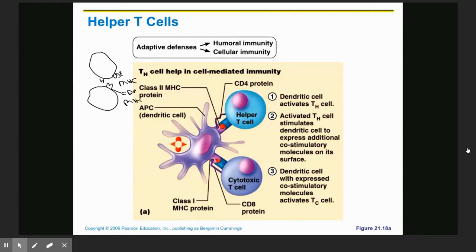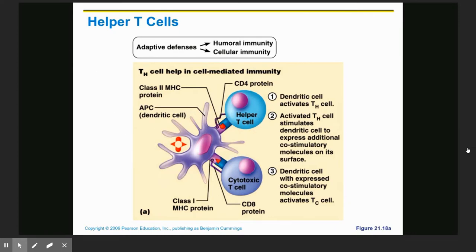And so that's where we have the antigen presenting cell playing this sort of central role. It's a little bit like a matchmaker. It allows these two cells to come into close proximity so this helper cell can activate this T cytotoxic cell.